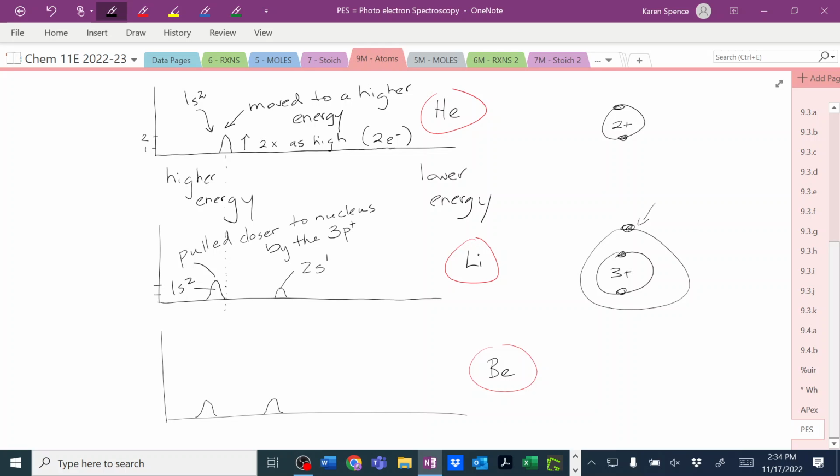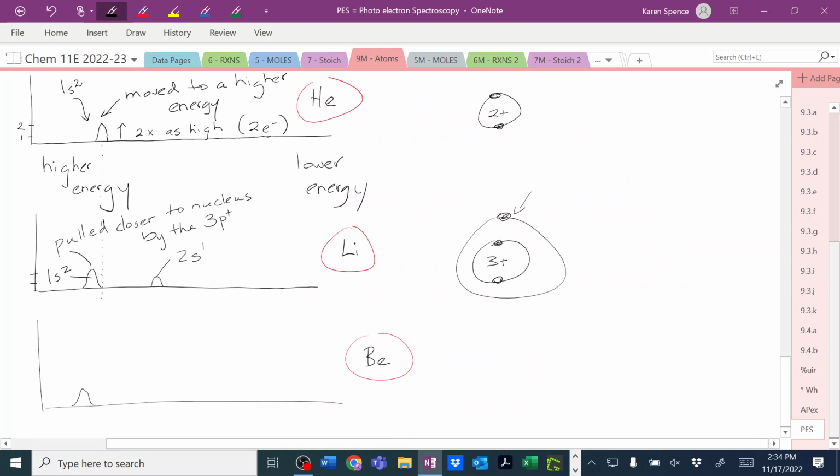So I believe what's happening here, I honestly don't think they're going to ask you this, but when you have lithium, you have 1s like that, and then you have 2s.